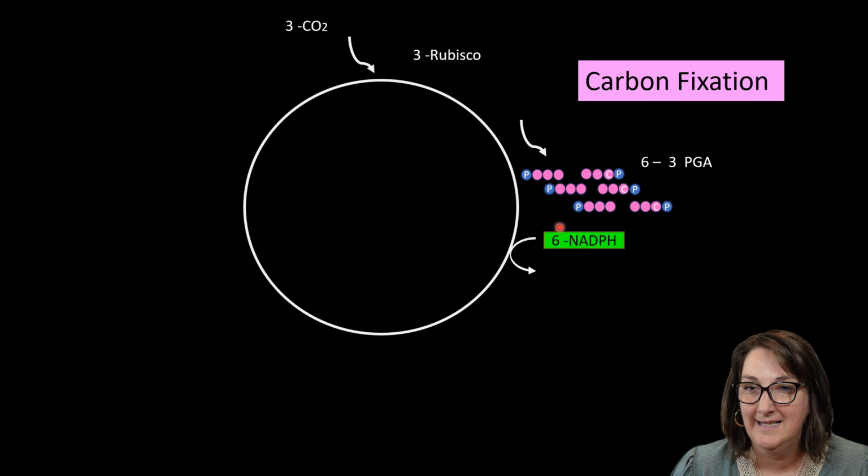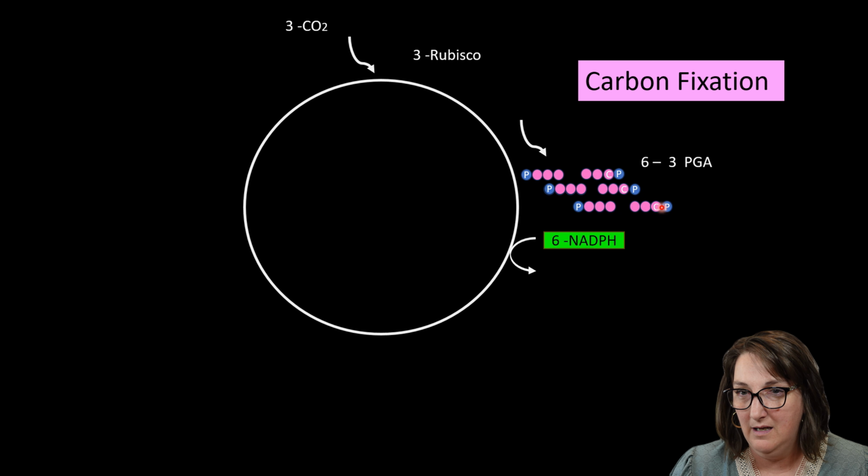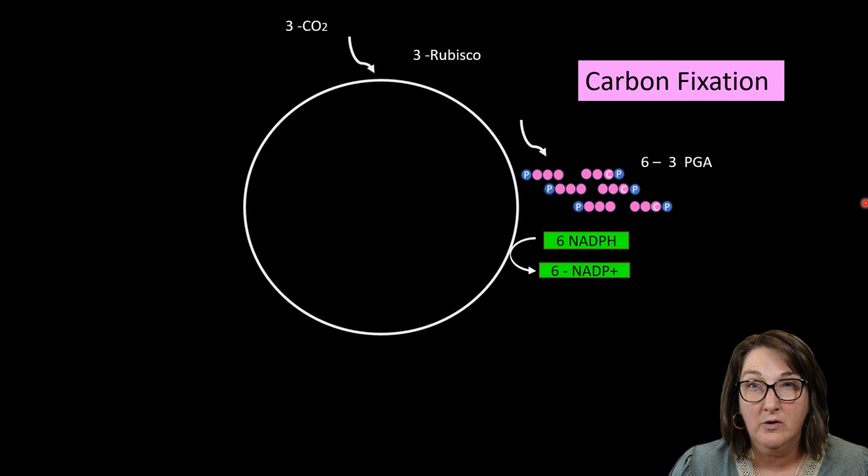But I need 6 NADPHs for this to happen because I have 6 of these 3 PGAs. This cannot happen on its own. So for me to have 6 NADPHs, this is not going to just automatically go on there. I need help. You remember, what are the coins that help make a machine work? We need ATP. So ATP is going to come in and it's going to donate one of these phosphates to this NADPH, and it's going to cause it to attach to this molecule.